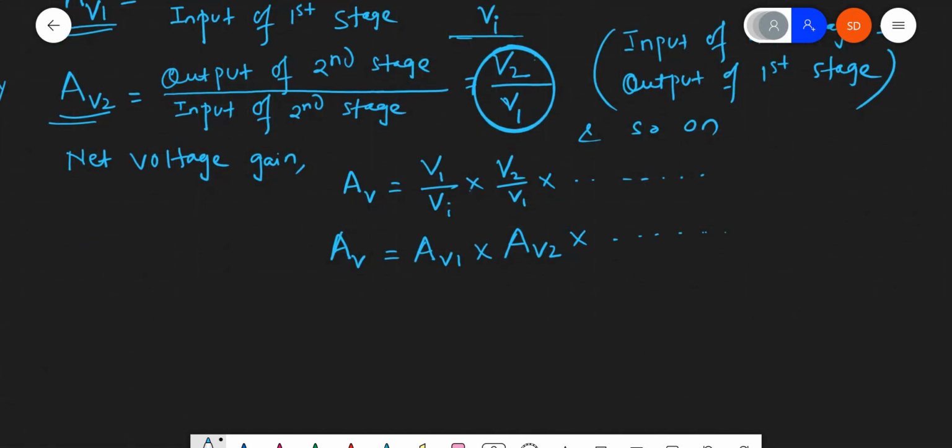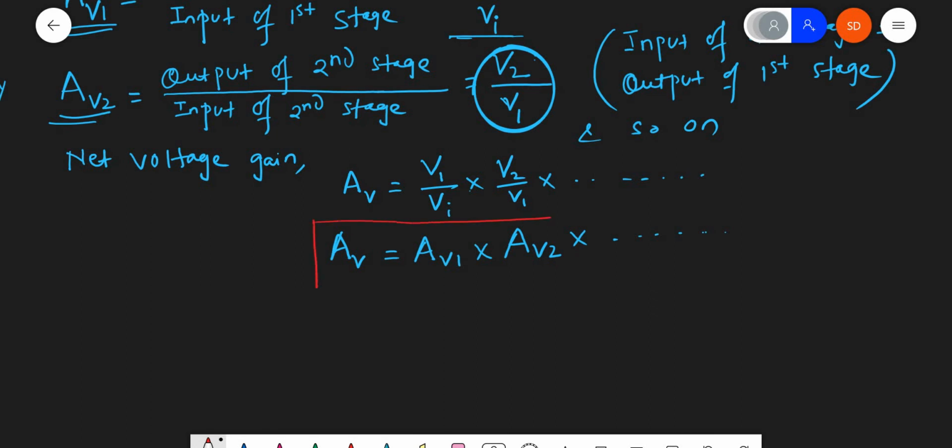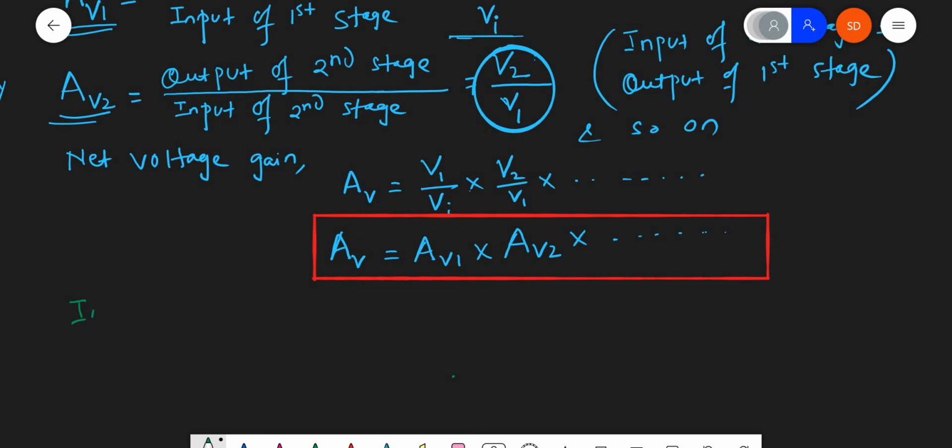But in reality, this is not so. The overall gain of the amplifier is like this, but in reality it is a little different. In reality, AV is always less than the product AV1 into AV2. That is, the net voltage gain is always less than this product.